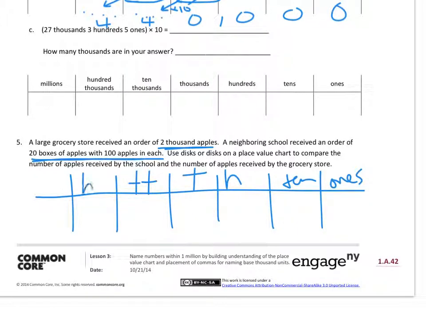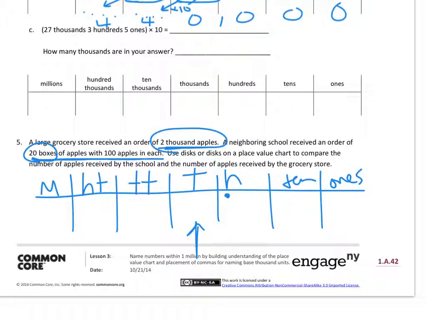I'm just going to use initials here because the spot's a little small. So first they would show 2,000. So here's the thousands place. They would show 2. Then they received an order of 20 boxes of apples with 100 apples in each. So if they have 100 apples in each one, we can draw the hundreds, but we need to draw 20 boxes to represent each 100.